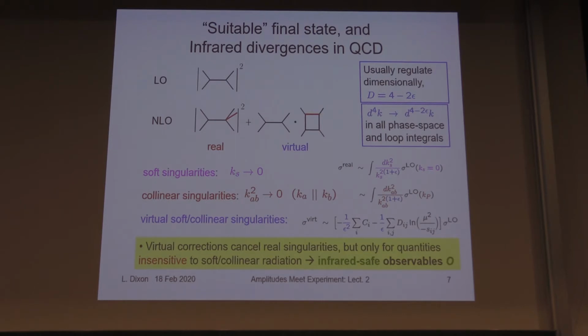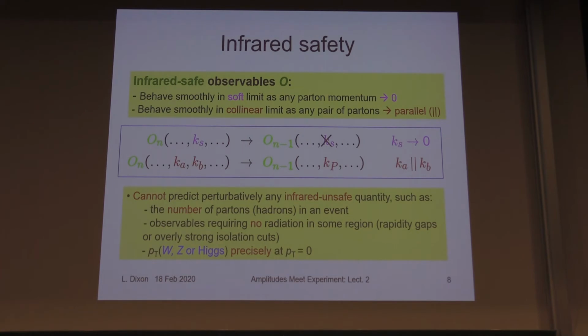So there's a general criterion called infrared safety that you should apply if you want to do a standard perturbative calculation of a quantity. These observables will always have to be defined on configurations with a generic number of partons.